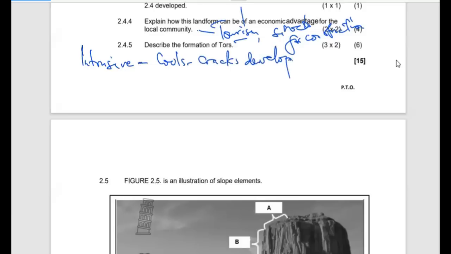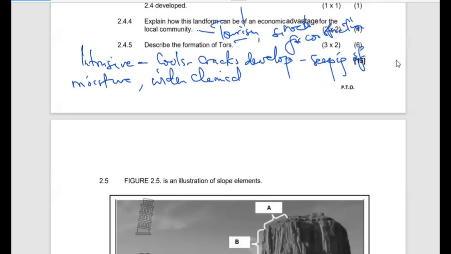What will happen to the cracks as they develop? There is also seeping in of moisture into the cracks. They widen because of chemical weathering. Chemical weathering will further widen the cracks that would have developed as the magma cools down.